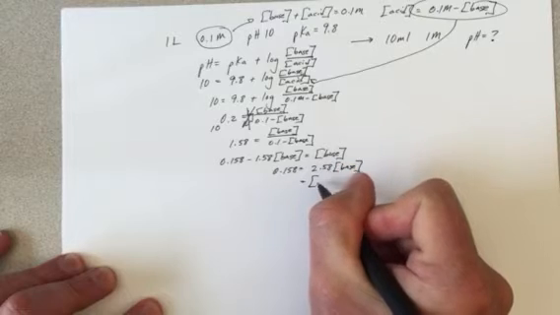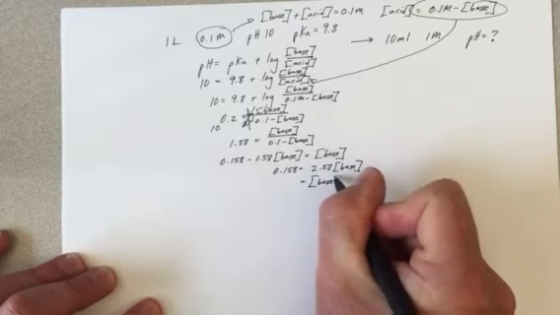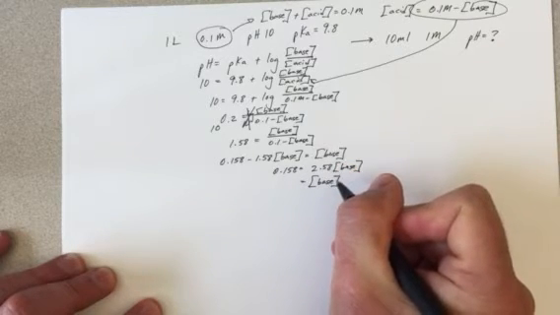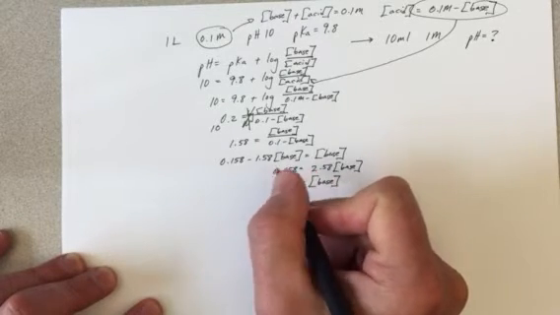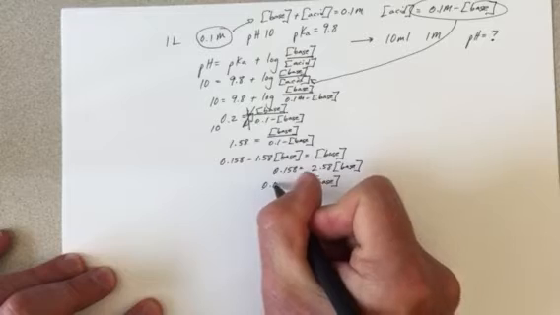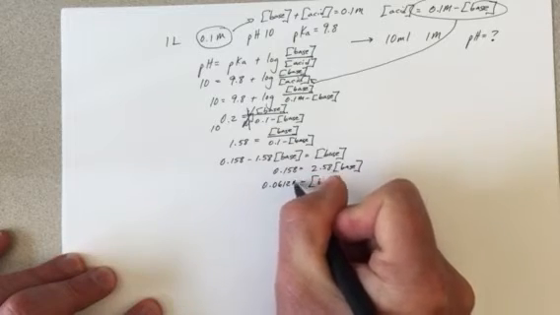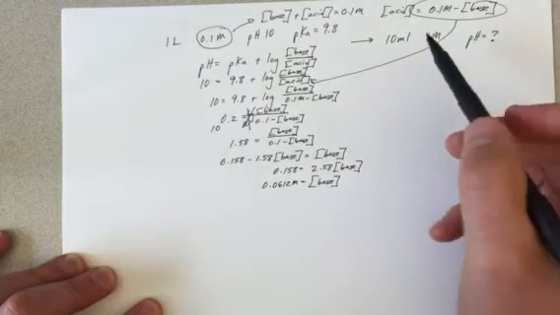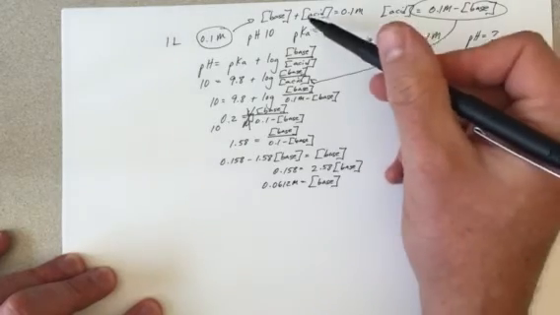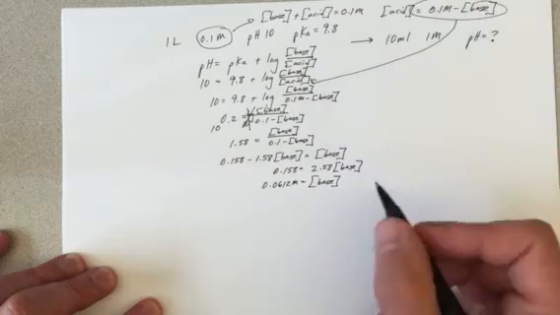Divide both sides by 2.58, and I end up with concentration of base equal to 0.0612 molar.